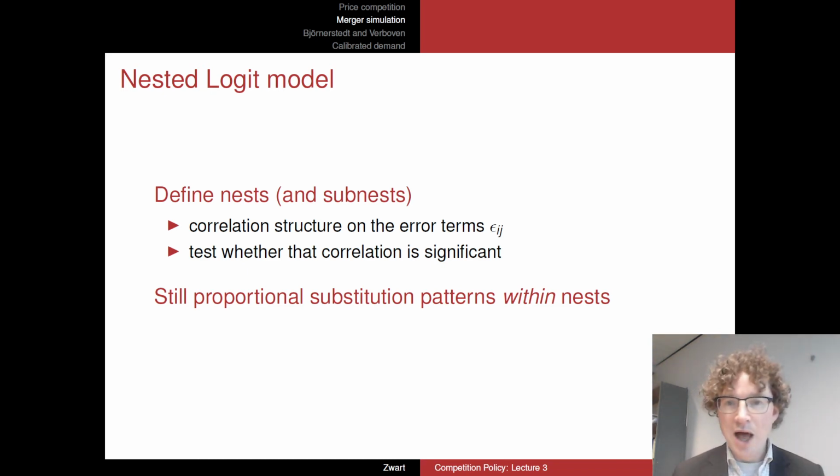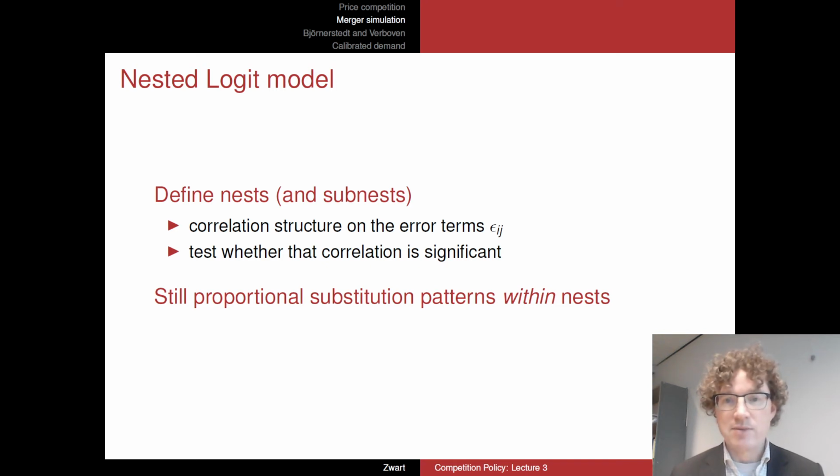So we're going to allow correlation between products within one category, so within one nest or within one subnest, to be different from the correlation pattern between products that are in different nests. So that's what we posit. Then we can estimate, well, what are in practice the parameters for these correlations?